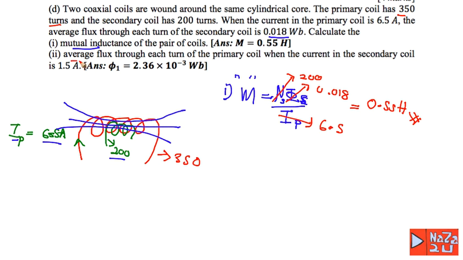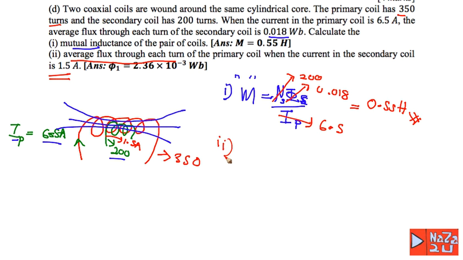And number 2: the average flux through each turn of the primary coil when the current in the secondary coil is 1.5 ampere. So what is the average flux through the primary coil? This is the red color primary coil.